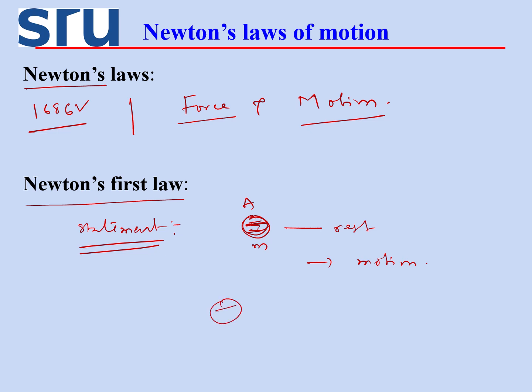For example, this object is moving, so it is always in motion until and unless an external force is acting on it. Now, this gives the concept of force and inertia.